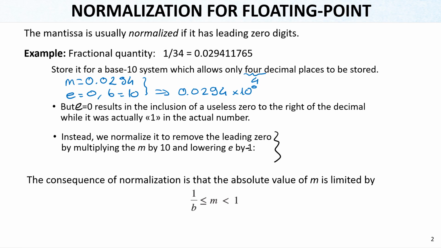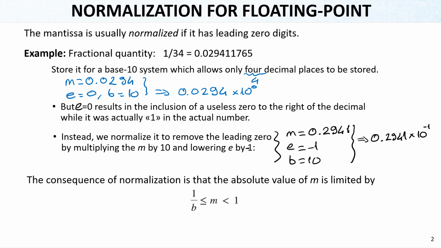So in other words, here we can have m is, so m has to be after point numbers 2 9 4. We can have the additional 1 now, and then e will be minus 1 and b is 10. In this case, the number is shown by 0.2941 times 10 to the power minus 1.